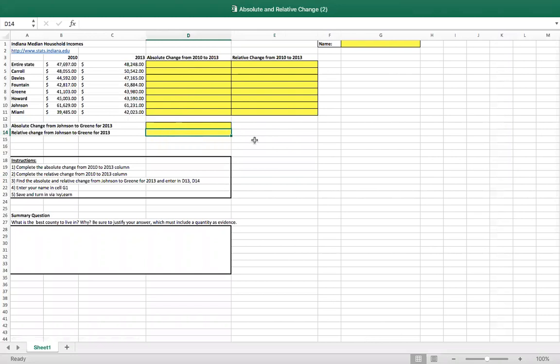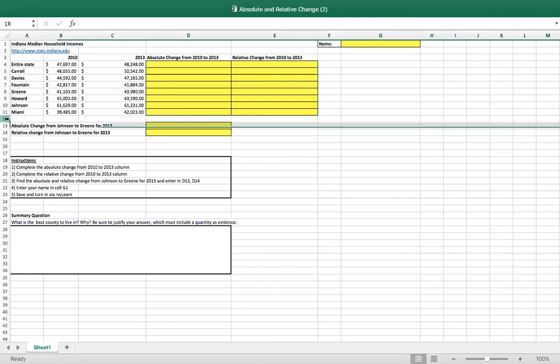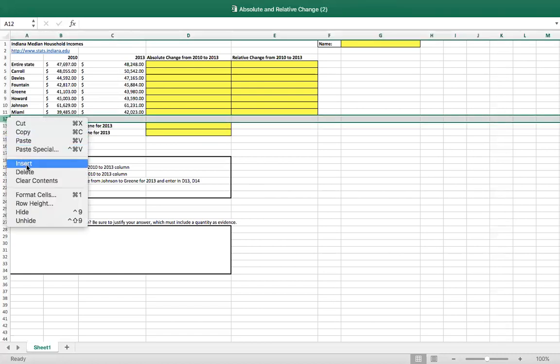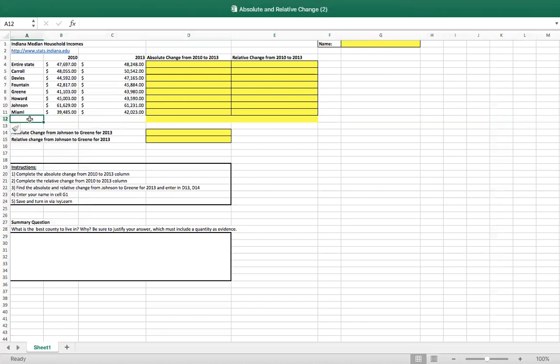Okay, how can I do this without doing it? Let me make a new row. Let's say we're looking at, are these cities? Are those counties? I don't know.